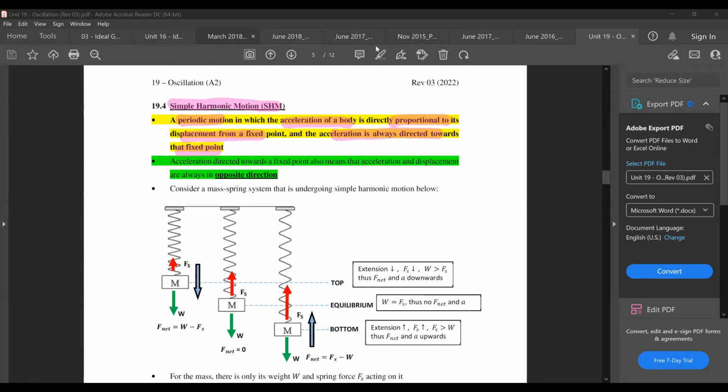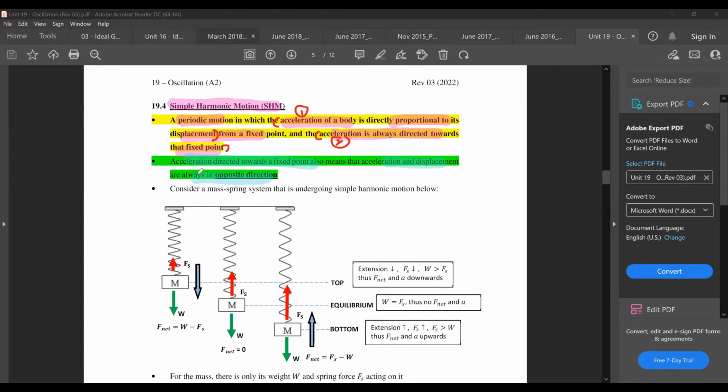There are two criteria to it. The first one is acceleration directly proportional to displacement. The second one is acceleration is always directed towards that fixed point. This is criteria number 1. This is criteria number 2. Sometimes when we say that the acceleration is always directed towards the fixed point, it also means that the acceleration and displacement are always in opposite directions.